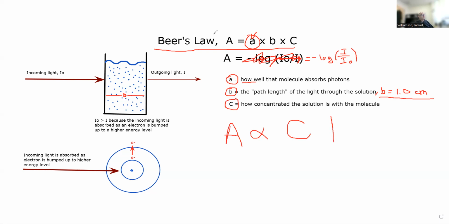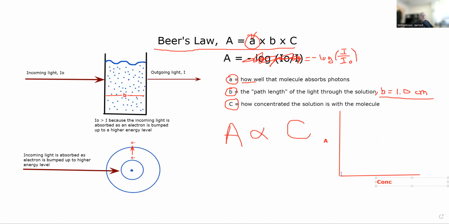we would be able to measure the absorption of our molecule as a function of its concentration.